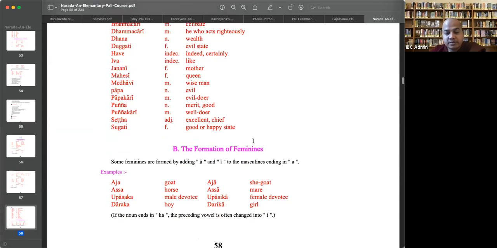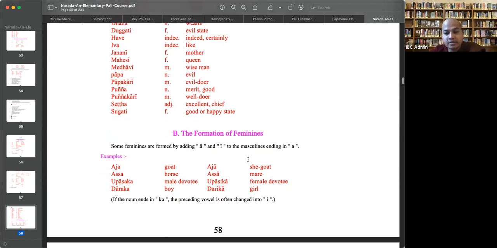So you have a note here talking about the formation of feminines. It shows that there are some words that are masculine, but if you change a little bit, it becomes a feminine gender word. Here, two examples are given. One is by adding long a, the other is by adding long e.